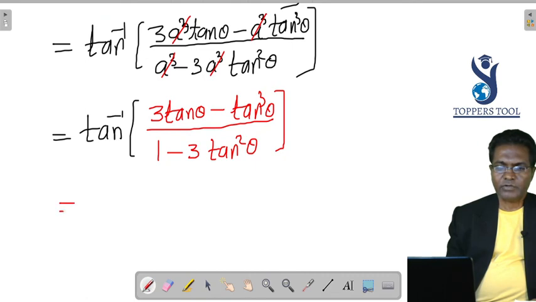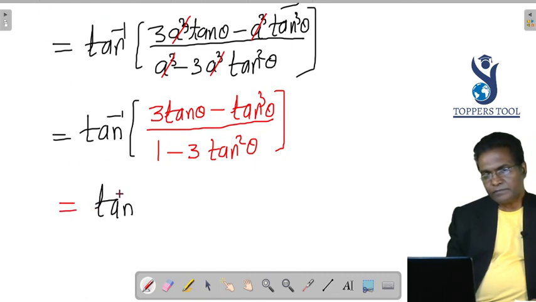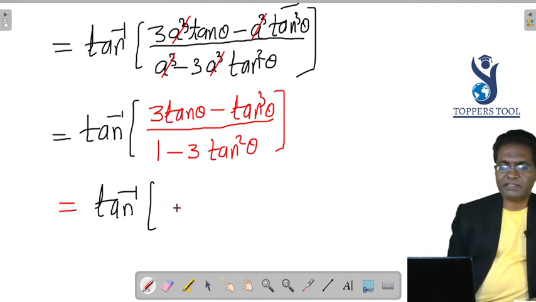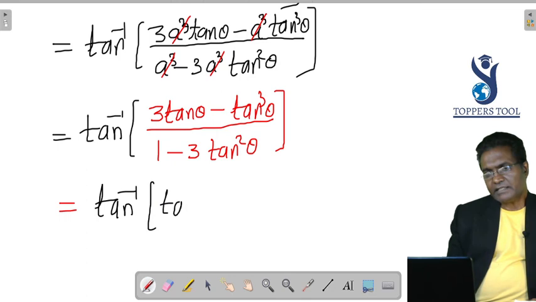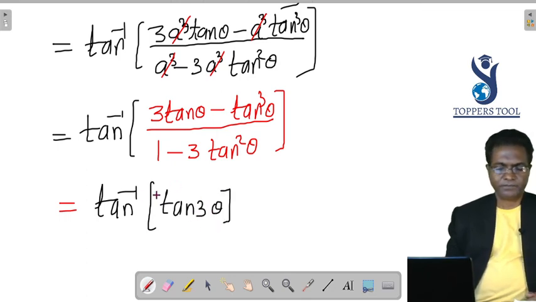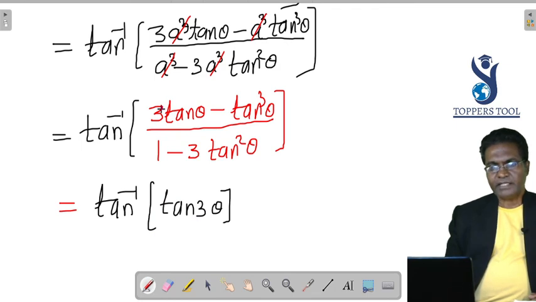Okay, now do you remember, this 3 tan theta minus tan cube theta by 1 minus 3 tan square theta is tan 3 theta, that you have studied in first year. Okay, so tan 3 theta is this much.